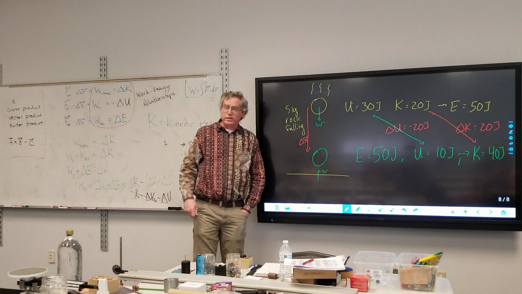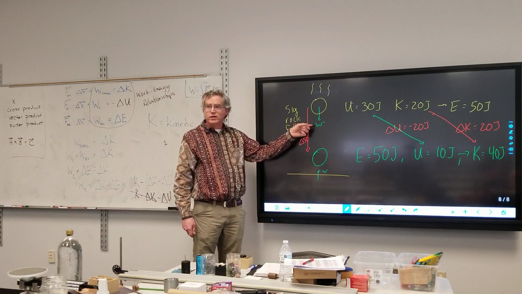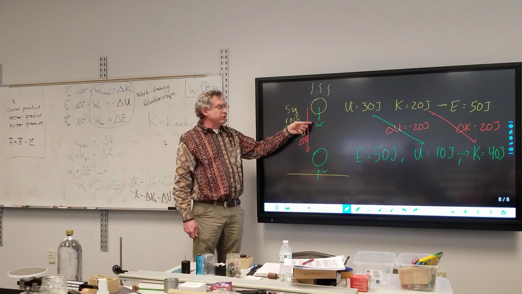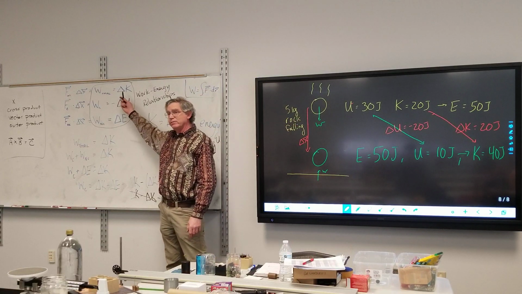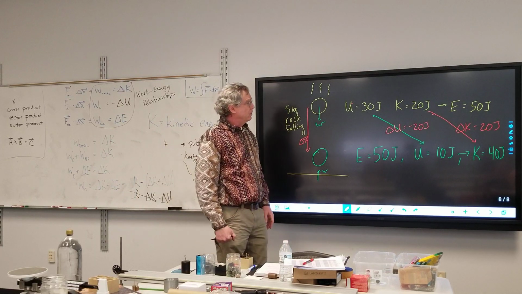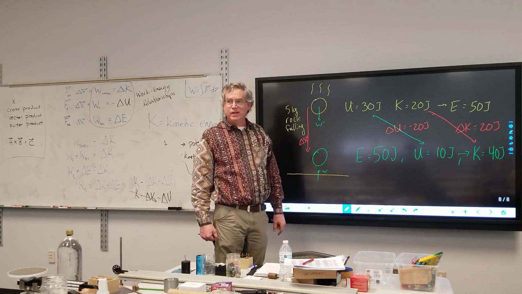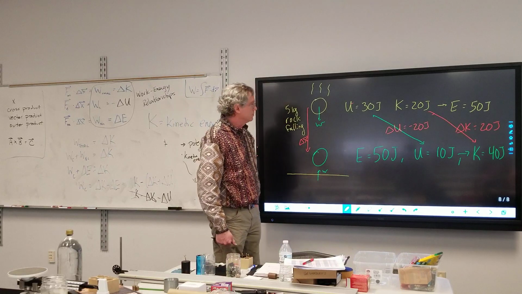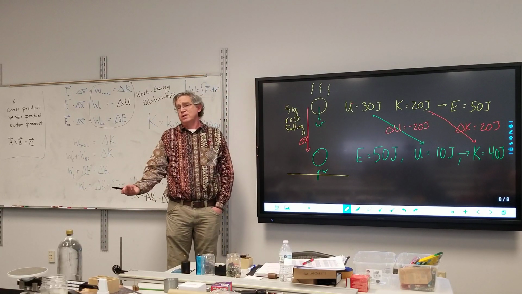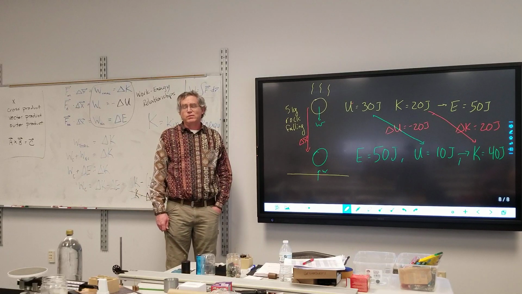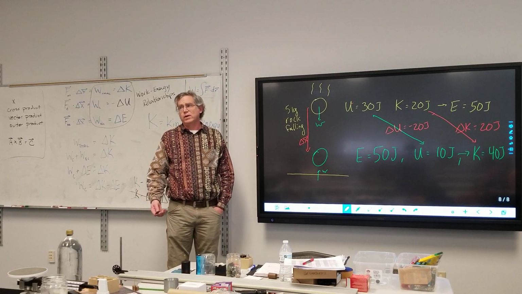The total work done, well, I have only one force acting on it, so my total work is also positive. So I expect my change in kinetic energy to be positive. And my change in kinetic energy is positive. If the total work is positive, it's going to get faster. If the total work is negative, it's going to slow down.